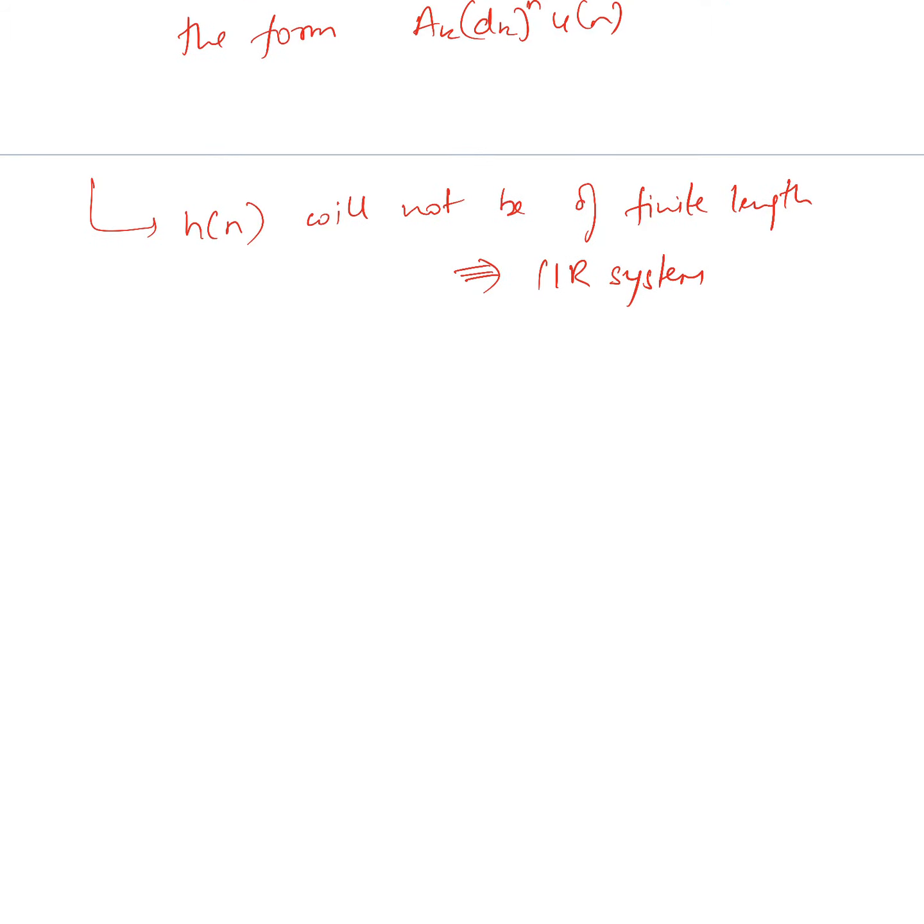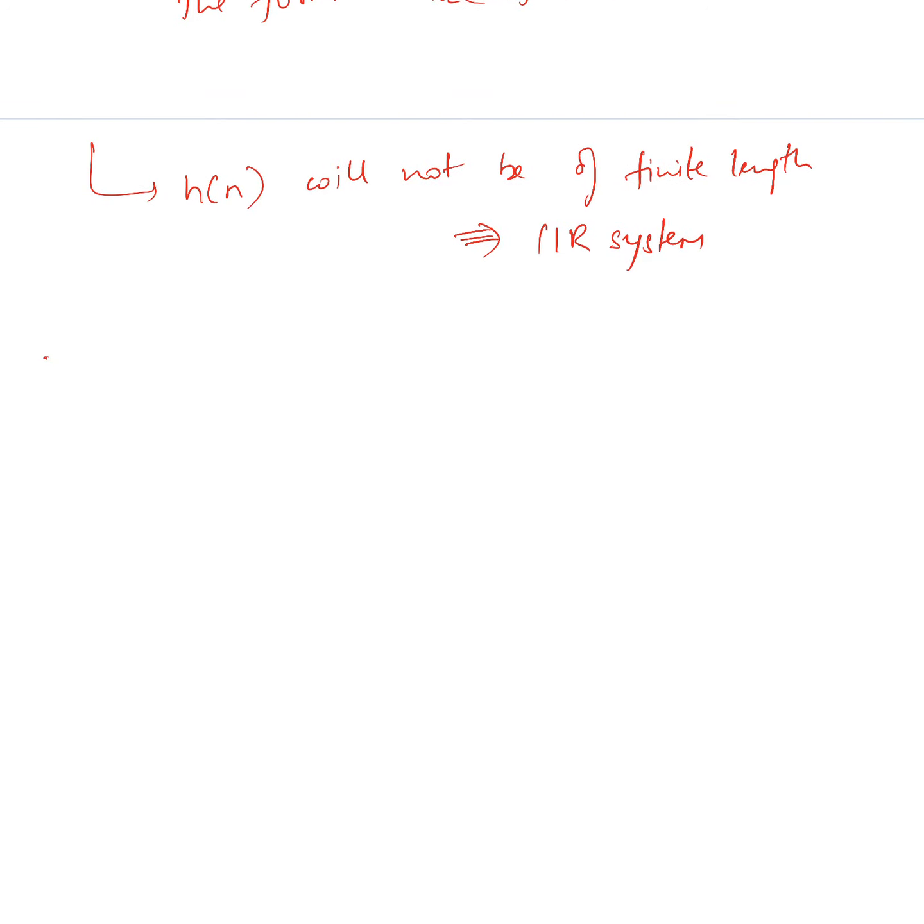The second class, of course, is the FIR system, finite impulse response system. For that class, your H(z) has no poles except at z equal to 0.